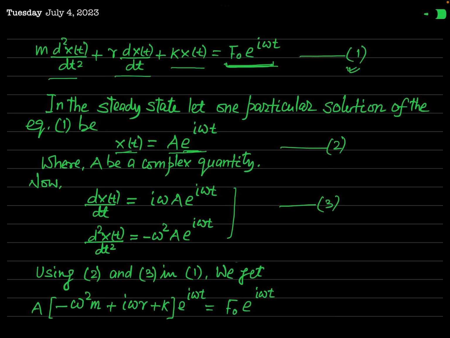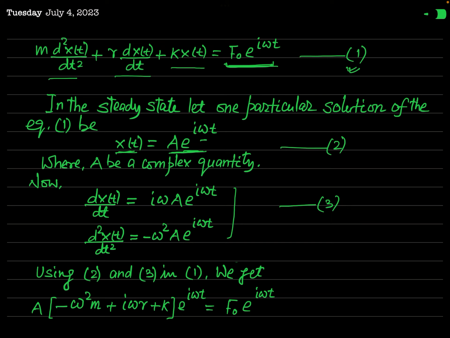So this solution indicates that the system will oscillate with the frequency omega, which is the frequency of the applied force. I have taken this just as a solution of this equation 1. You can also say that this is just a trial method. We guess that the motion will be just in accordance with the nature of the force.